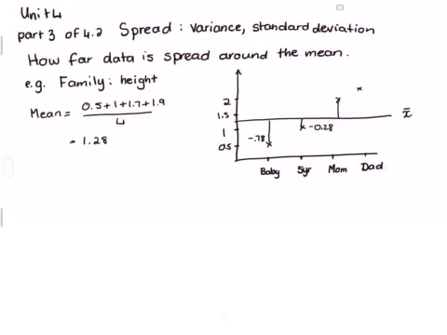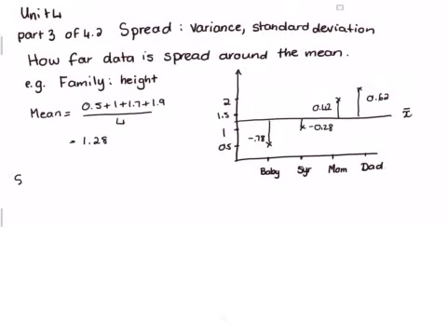Mom is above the mean, so it's positive 0.42, and dad is above the mean, so it's positive 0.62. And we are going to have a look, in other words, at how my data is spread around the mean.